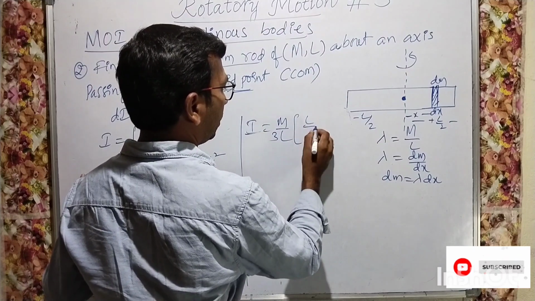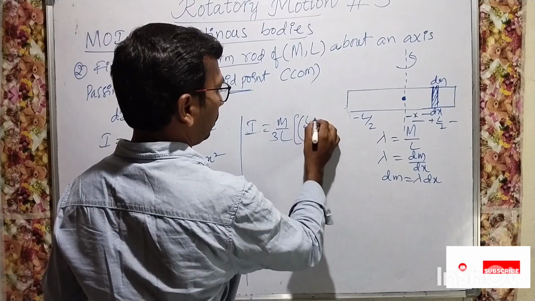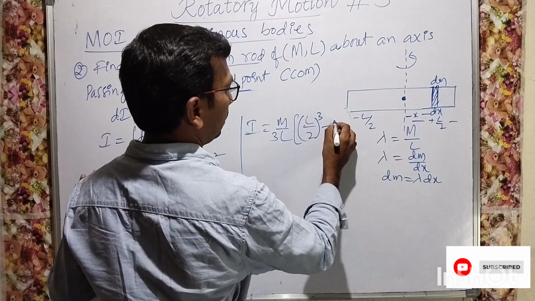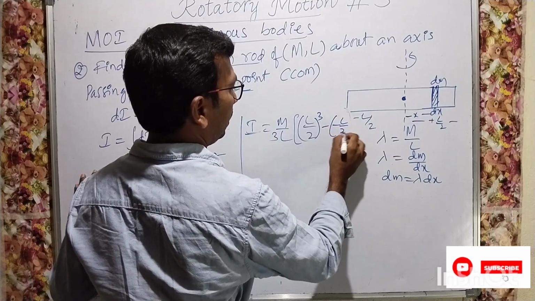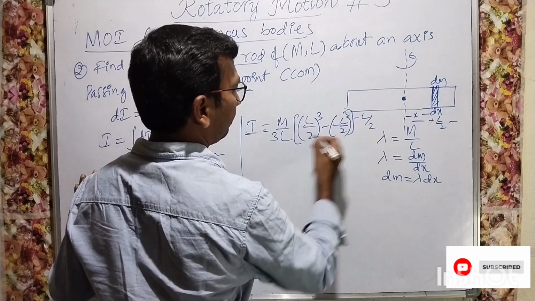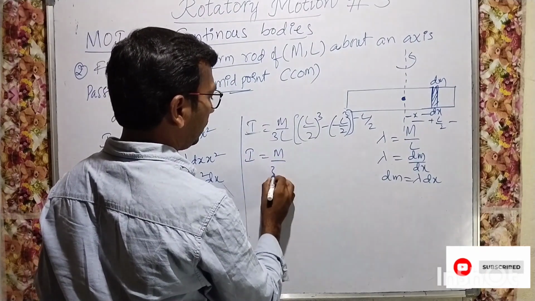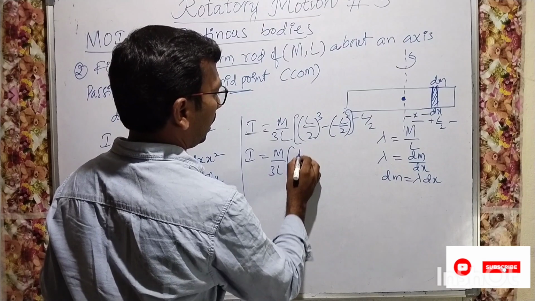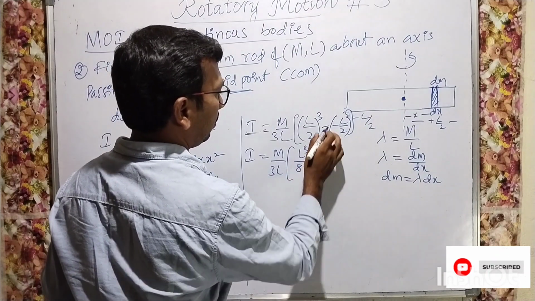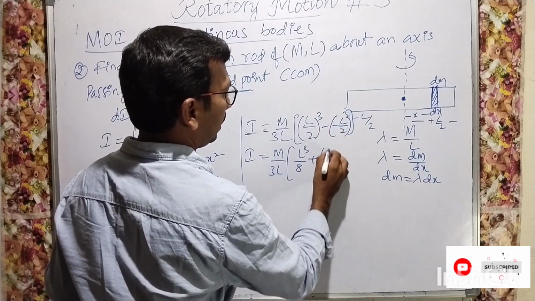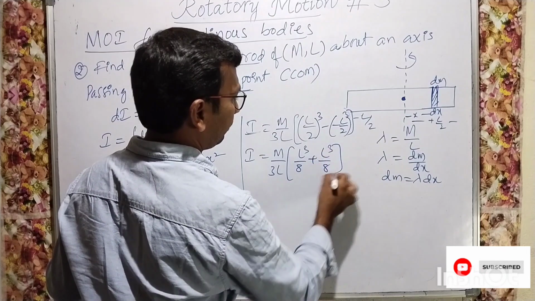Here L cube by 2 whole to the power of 3 minus minus L by 2 whole to the power of 3. So here I is equal to m by 3L, times L cube by 8 plus L cube by 8.